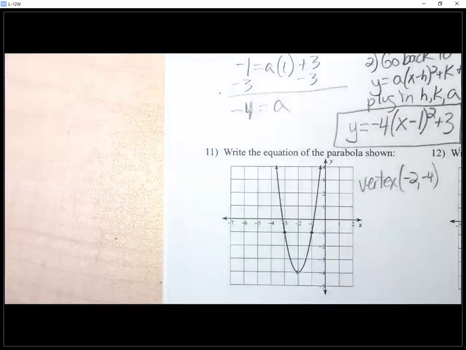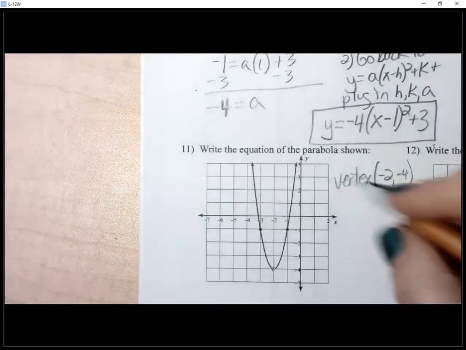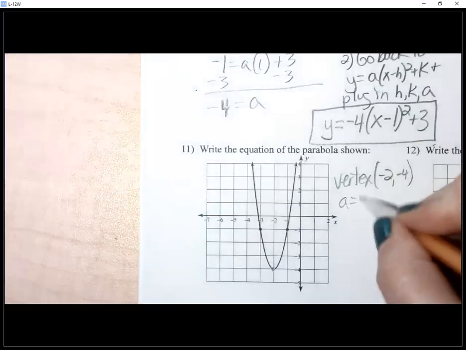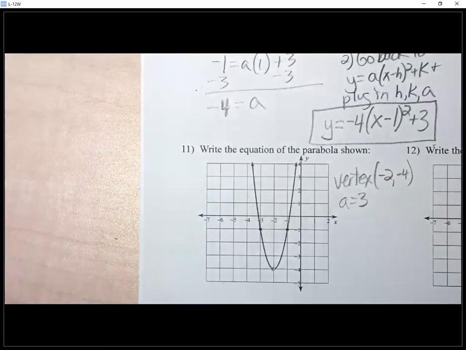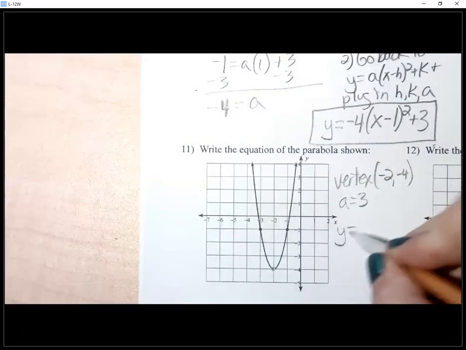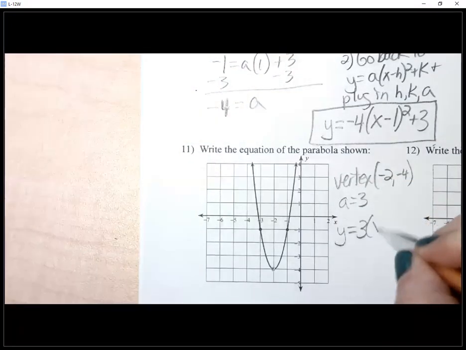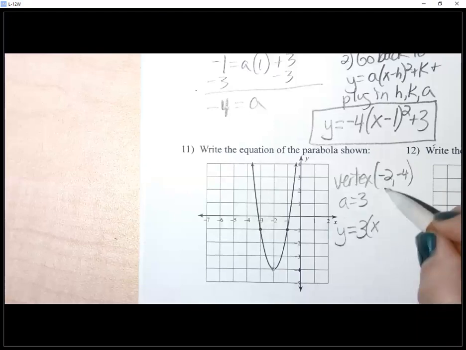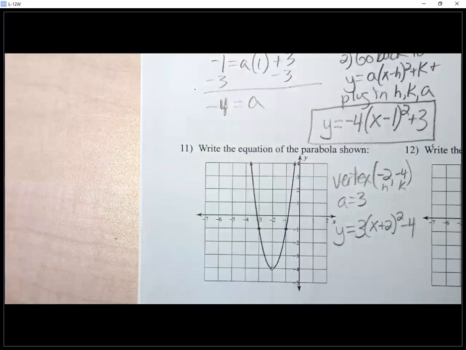And A is just 3. So if I just put those pieces in, Y equals A is 3 times X minus H. Be careful. That's H and that's K. Minus -2. Isn't that going to turn to a plus? And then K is a -4.